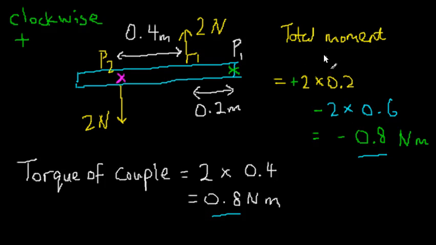So just to be very precise, I'm going back to this calculation and adding in this detail: it is the total moment about the pivot P1. This time I'm going to do it about the pivot P2.